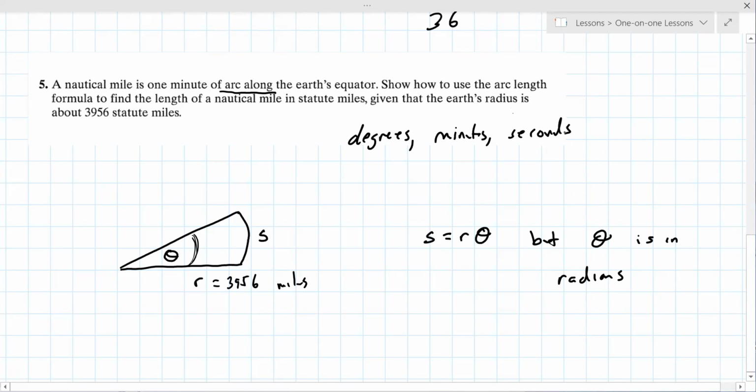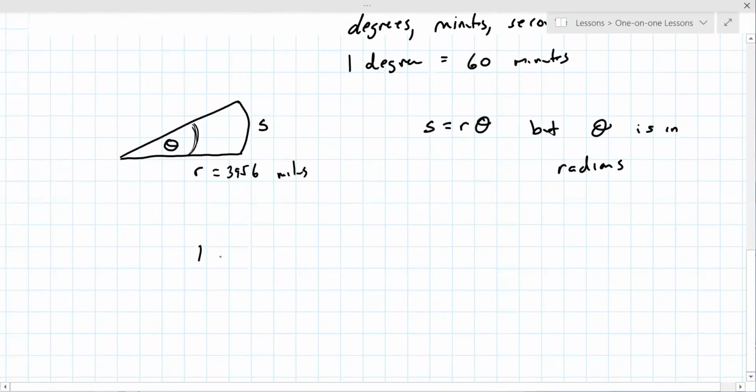So I believe it's referring to this part. 1 degree is equal to 60 minutes. So 1 minute is a 60th of a degree. So it's 1 over 60. That's degrees.